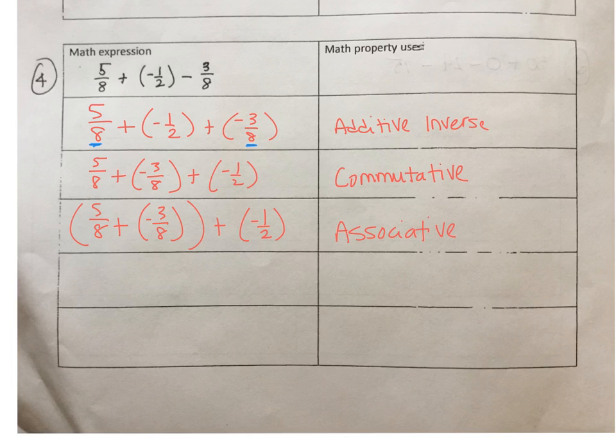All right, now focus on 2 fractions at a time. Do not feel overwhelmed that there's 3 fractions, okay? So I want you at this time to pause the video and just add the 5/8 plus the negative 3/8, okay? Then we will resume video.